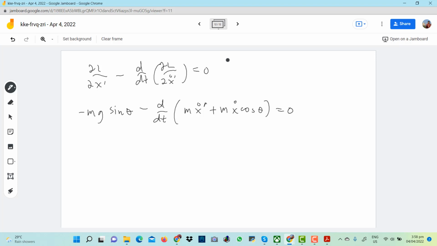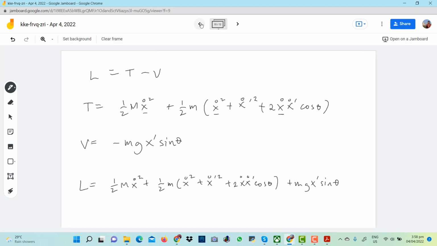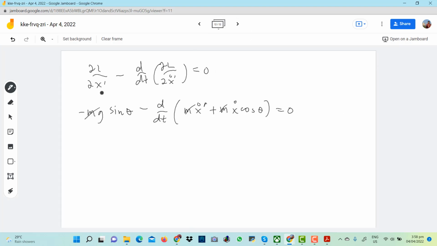In this case, you can cancel out the m. This is plus, because the derivative of L with respect to x prime must be plus here.